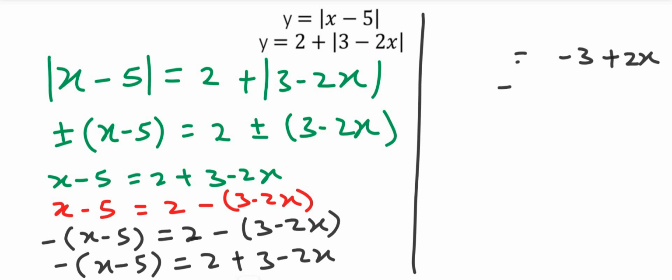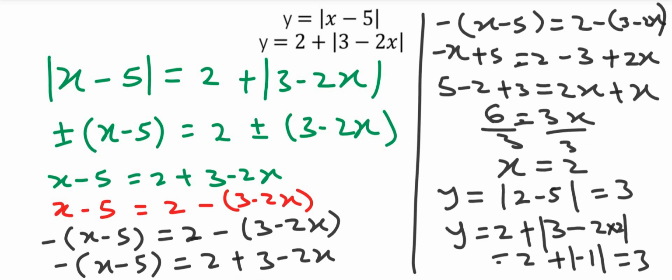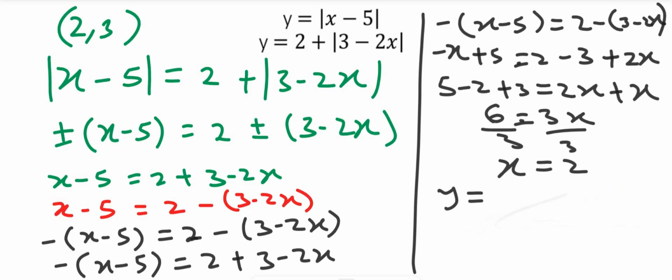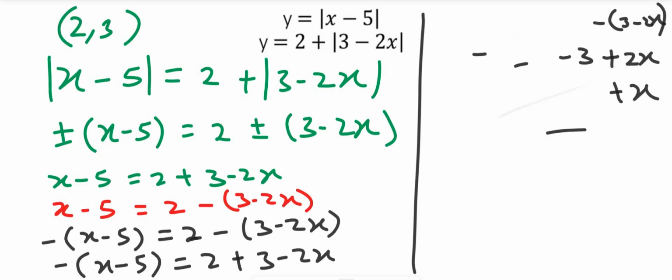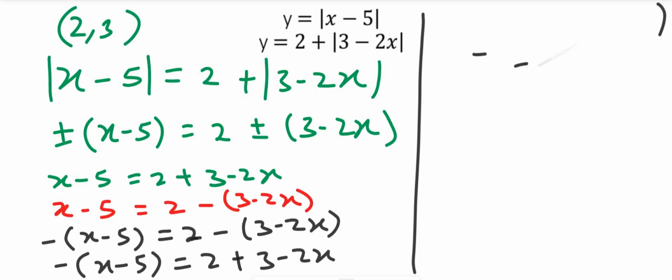The y value is 3. What I've gotten here is a y value that satisfies both equations. So I have 2 comma 3 as one point where they intercept, which means they can intercept in 2 places or 1 place.